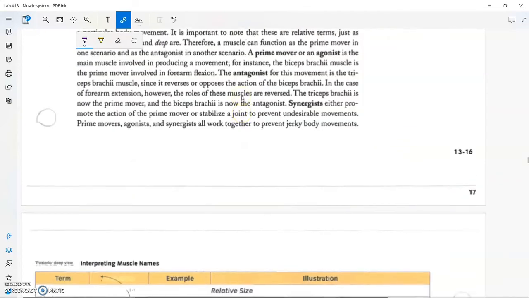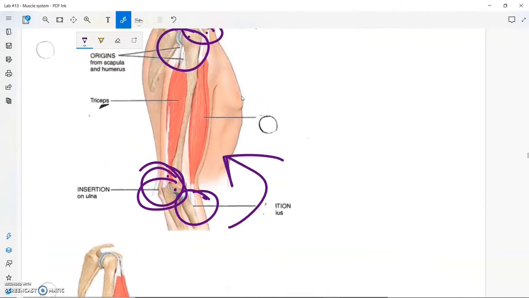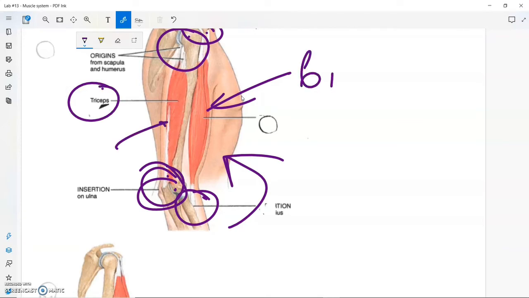So, for instance, for flexion of an elbow, the muscle, the biceps, will be the primary mover, while for extension of an elbow, triceps will be a primary mover. And for flexion, biceps is primary mover, while triceps is antagonist muscle.